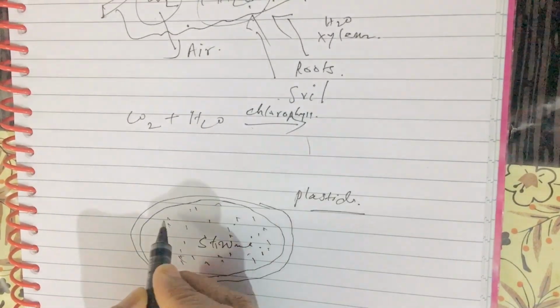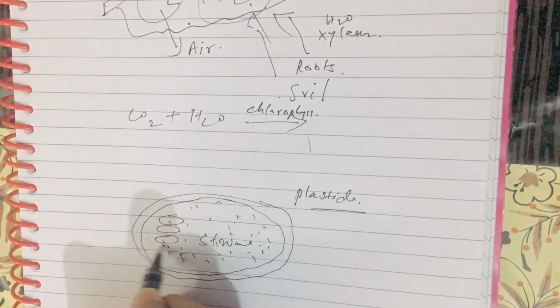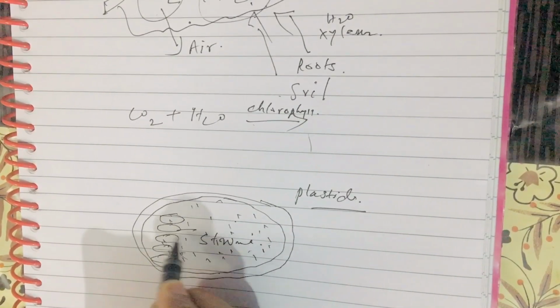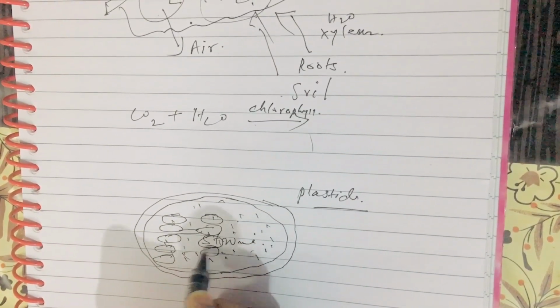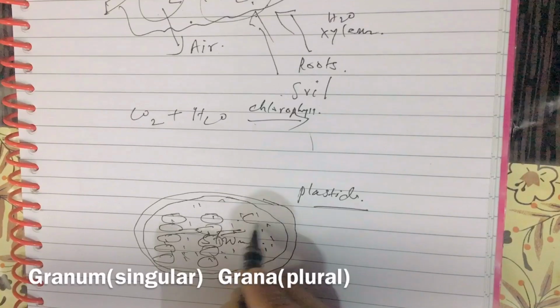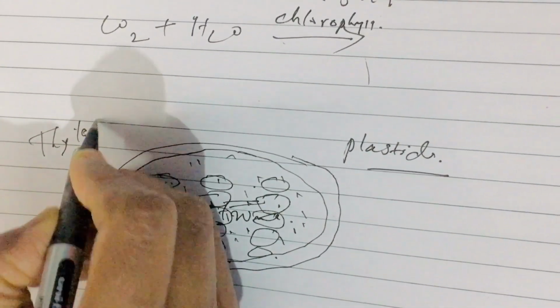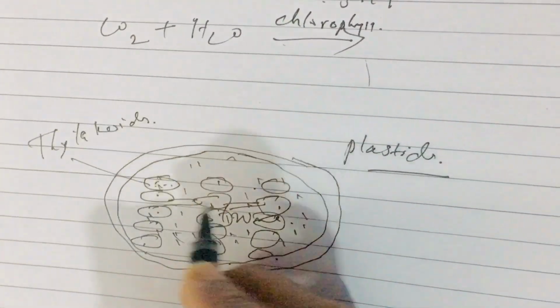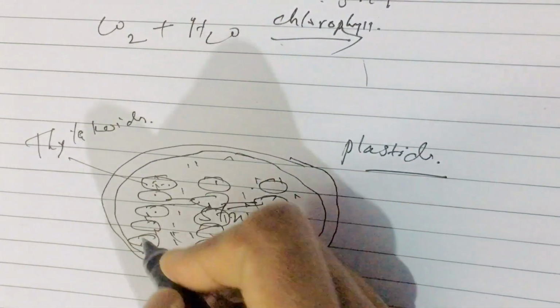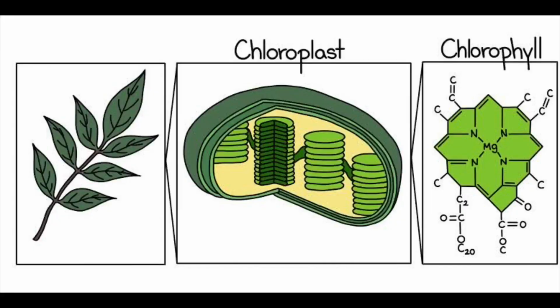In this stroma, there are stacks of cone-shaped structures. These stacks are known as grana. Each granum is made up of thylakoids. In each thylakoid, you can see these green pigments known as chlorophyll.